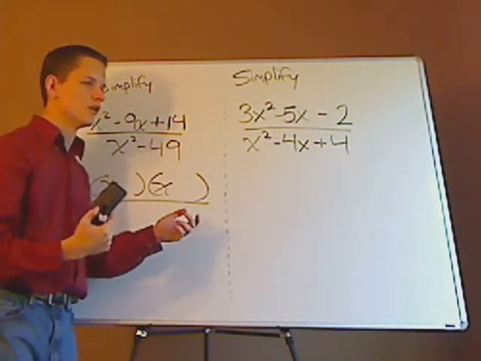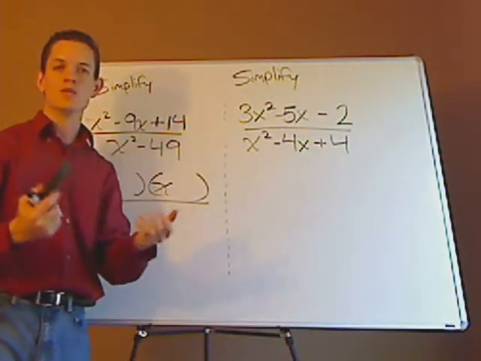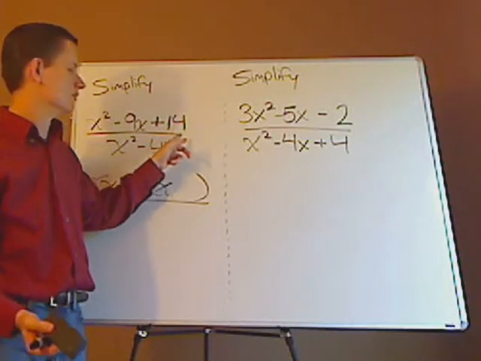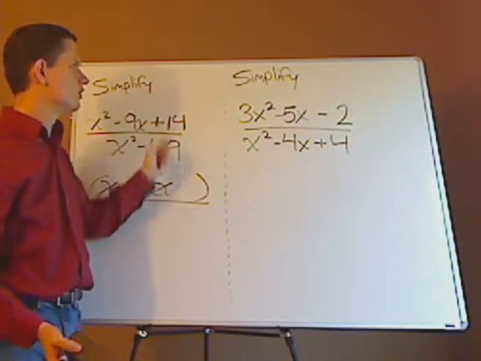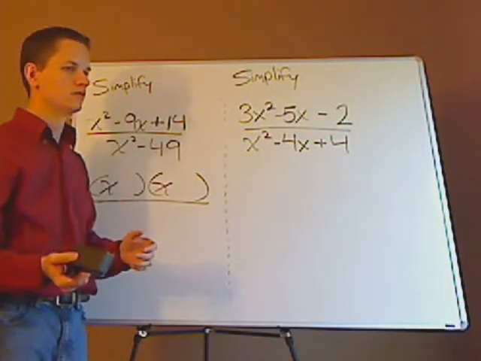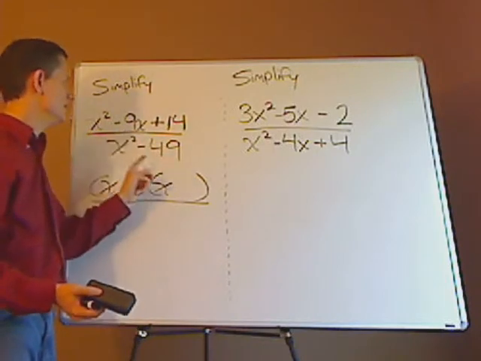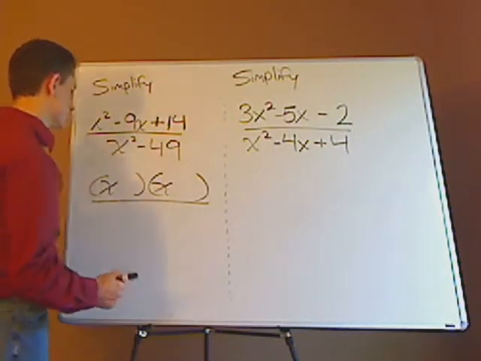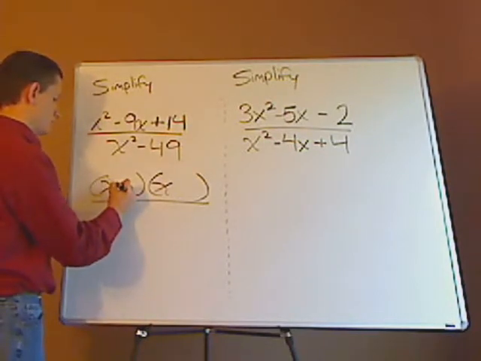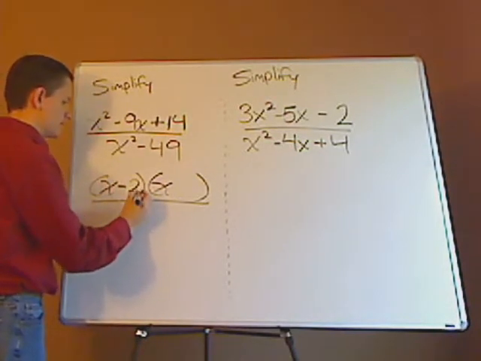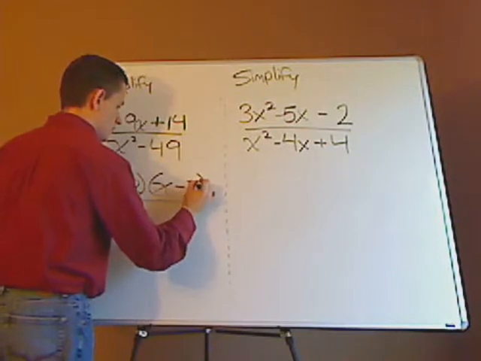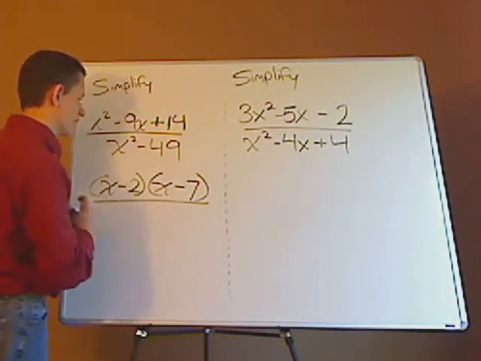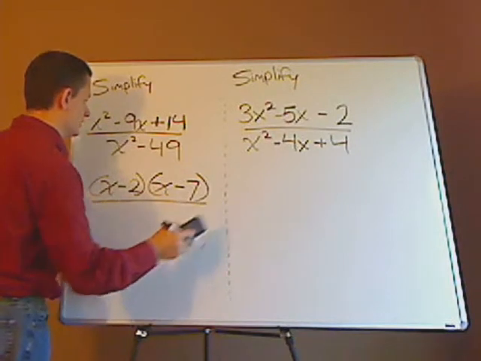So what times what will give me 14, then when added together, right, because it's a plus sign, if it was a minus sign, you'd be looking for a difference. So what plus what will give me 9, and then when multiplied together will give me 14. Right, minus 7 minus 2. I kind of reversed it, but it doesn't matter when you're dealing with multiplication.